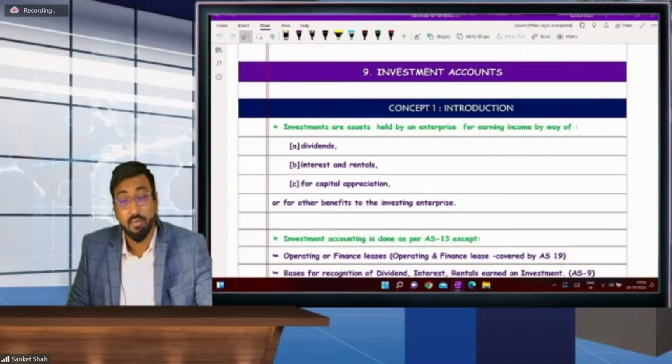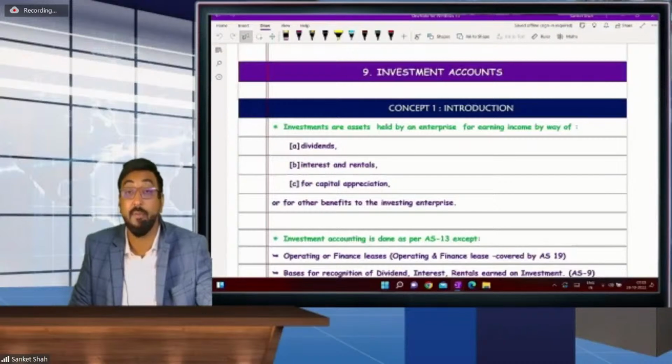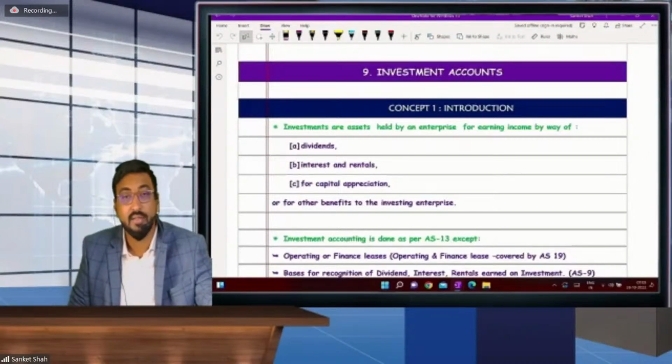The last chapter for revision is redemption of debentures. Remember, in debentures, an unlisted company has to maintain a DRR of 10% of the debentures value, and 15% DRR investment. But if a company is a listed company, it has to maintain only DRR investment, at 15%. So what are the entries? DRR entries are very easy; you have to understand the pro forma.